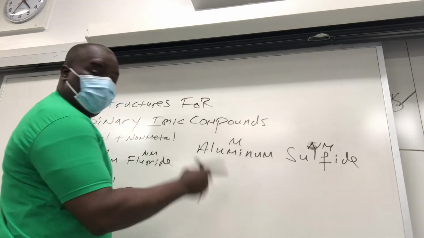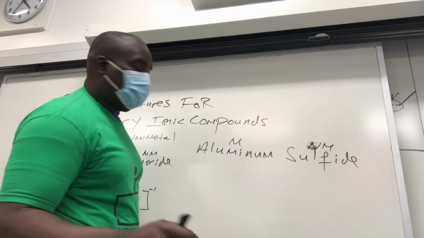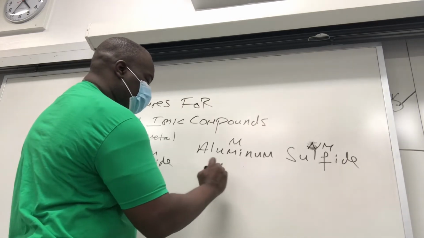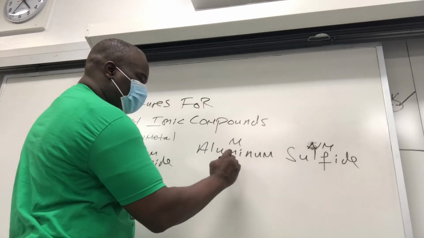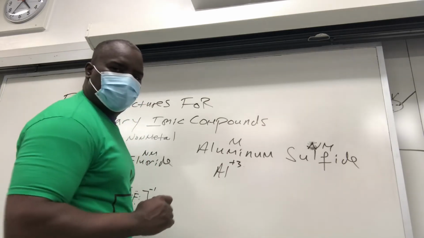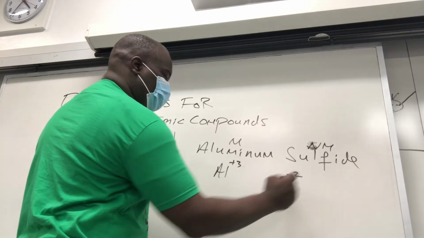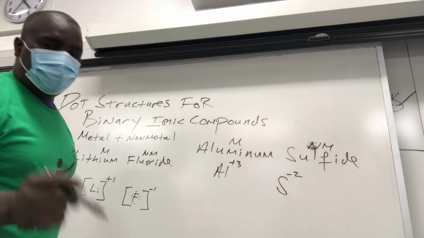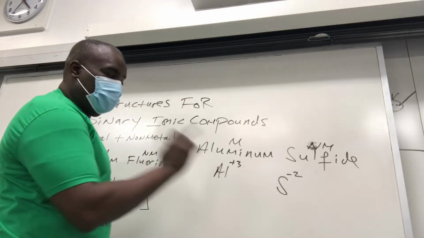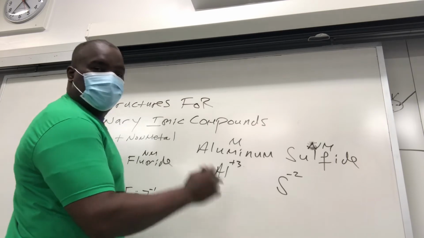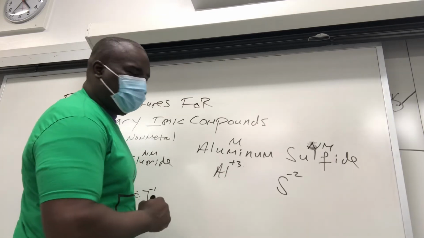So get your formula first. You need to get your correct formula. So we know aluminum, look on your reference table, forms a +3 ion, okay? Sulfur forms a -2 ion. Now once again, review your notes, review that video on naming and writing compounds. We're using the crisscross method to get the correct formula, right?